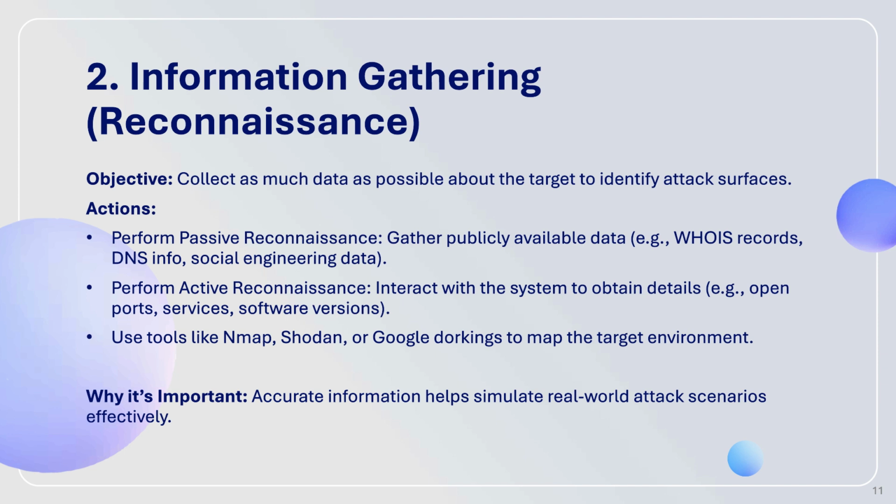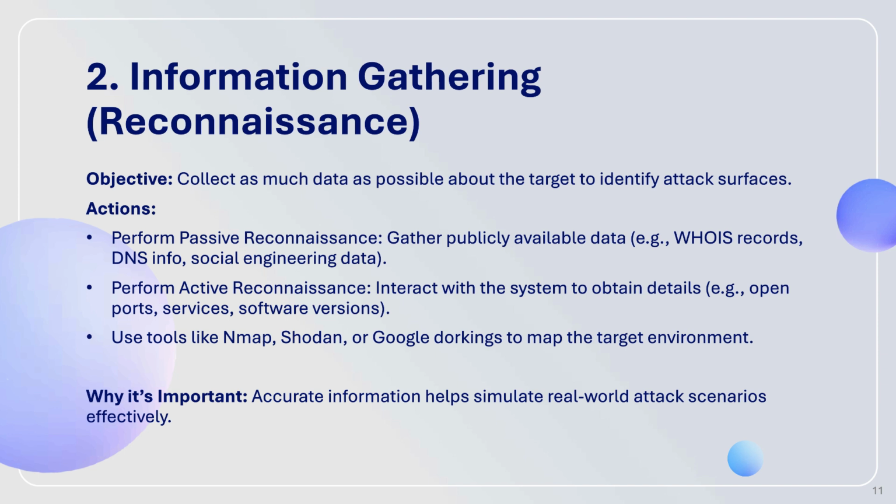Now let's move on to the second step in the VAPT process, that is information gathering, also known as reconnaissance. This phase is all about collecting as much data as possible about the target to identify potential attack surfaces. The objective here is to gather information that can help simulate real world attack scenarios effectively.